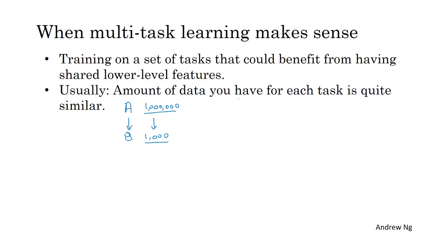In multitask learning, you usually have a lot more tasks than just 2. So maybe previously we had 4 tasks, but let's say you have 100 tasks. And you're going to do multitask learning to try to recognize 100 different types of objects at the same time.